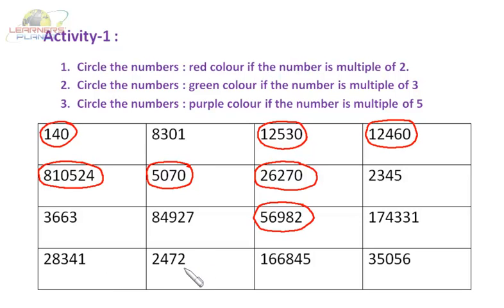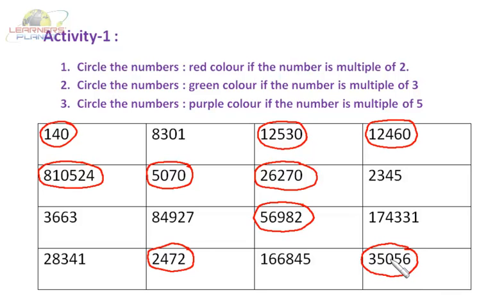Now this number 2472, the unit digit is 2, which is an even number, so it will be divisible by 2. So I just circle it. Now in this case, the unit digit is 5, which is an odd number, so it will not be divisible by 2. Okay. In this case, 35056, the unit digit is 6, which is an even number, so this number will be divisible by 2. Or we can say it will be a multiple of 2.